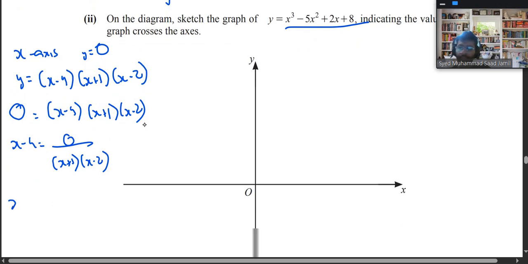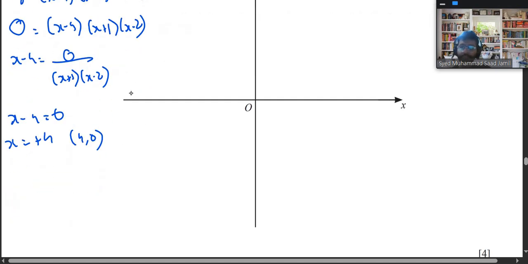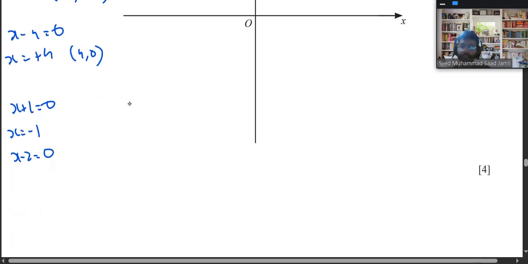So x minus 4 is equals to 0, x is equals to positive 4. So it's 4 comma 0. Same way I will say x plus 1 is equals to 0, x is equals to negative 1. Same way I will say x minus 2 is equals to 0, x is equals to positive 2.